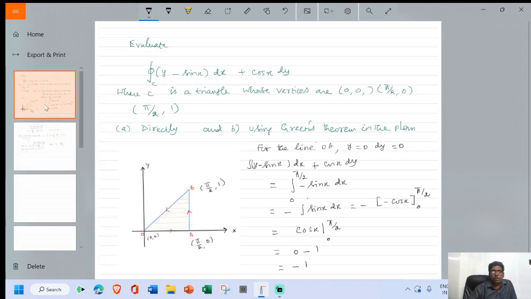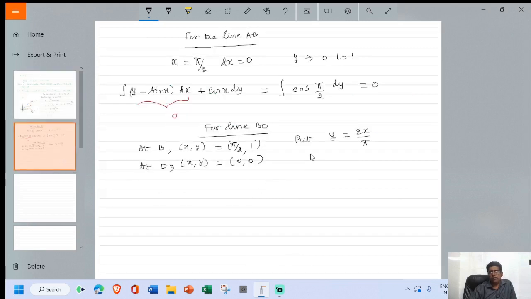Now, at the point B, x is π/2, y equal to 1. At the point O, x is 0, y is also 0. Therefore, we select y equal to 2x/π. Then dy equal to 2/π dx.